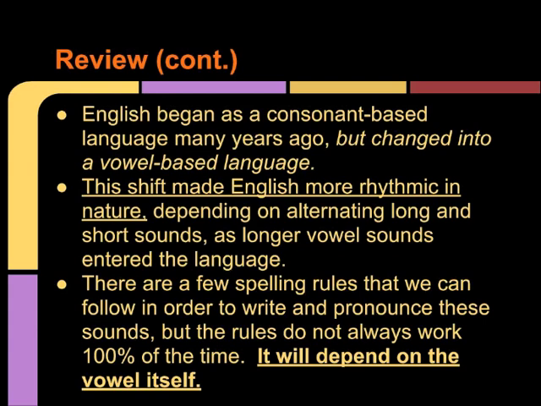This shift made English more rhythmic in nature, depending on alternating long and short sounds, as longer vowel sounds entered the language. There are a few spelling rules that we can follow in order to write and pronounce these sounds, but the rules do not always work 100% of the time. It will depend on the vowel itself.